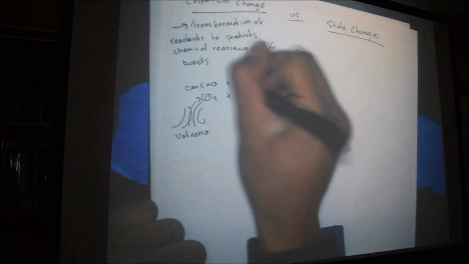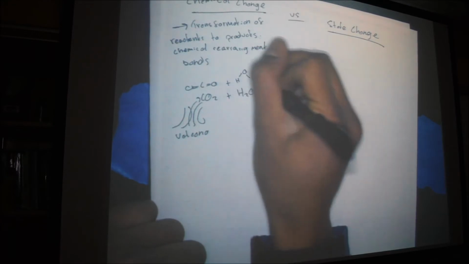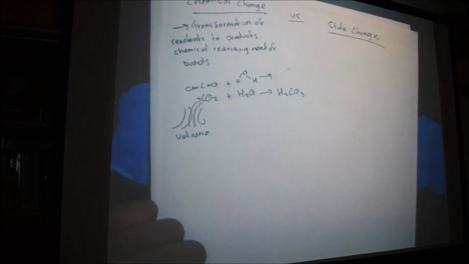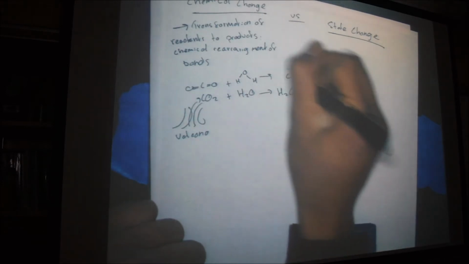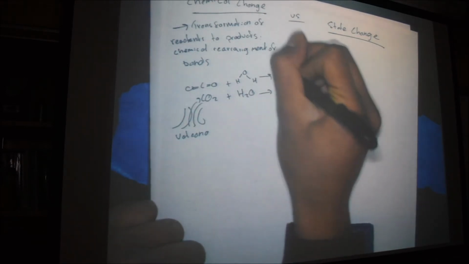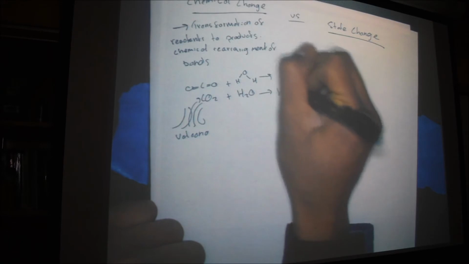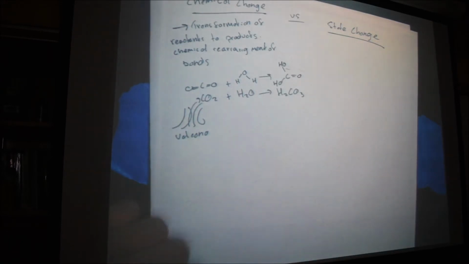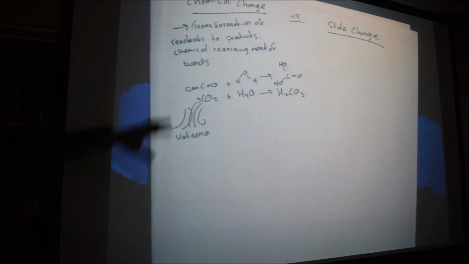For H2O, you have an H with an O. Now, when you form carbonic acid, you have a carbon and you have this. So if you consider the Lewis dot structure of CO2 plus H2O forming carbonic acid, you can see that CO2 and H2O combining looks different than the carbonic acid at the end. The bonds have been rearranged. This right here is a chemical change.